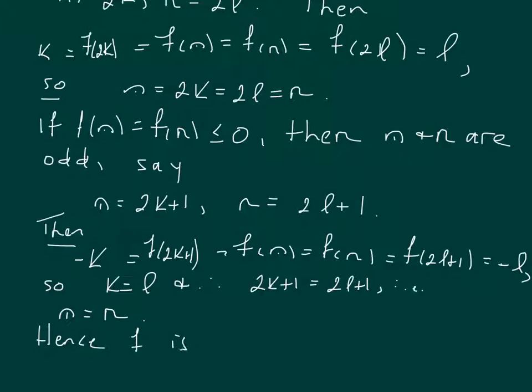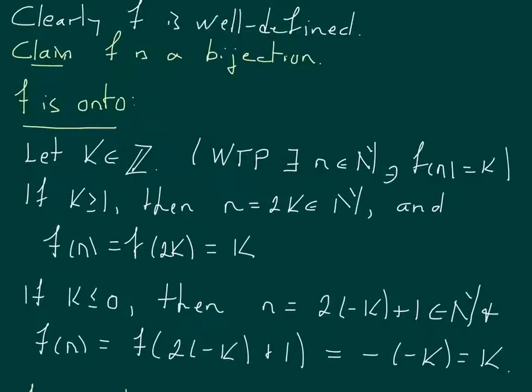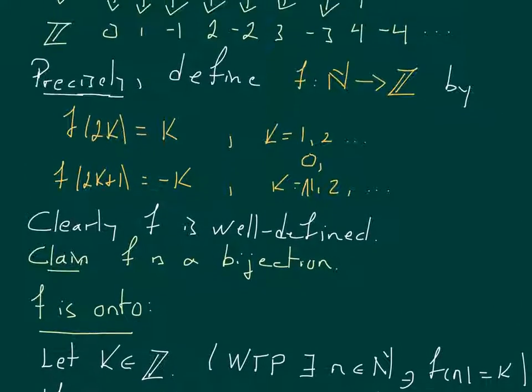And we've now shown that f is both onto and 1 to 1. That means that our f is a bijection. Our f is a bijection from N onto Z. That means that Z is countable. That's what we wanted to prove.